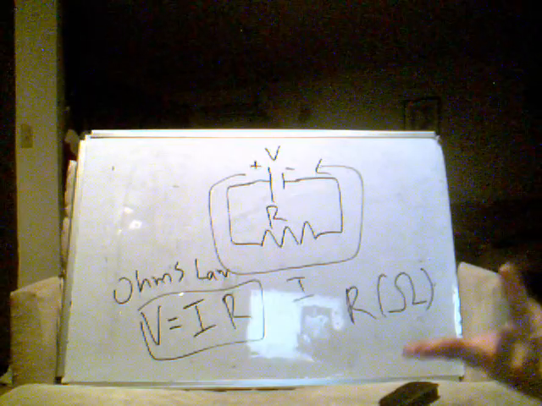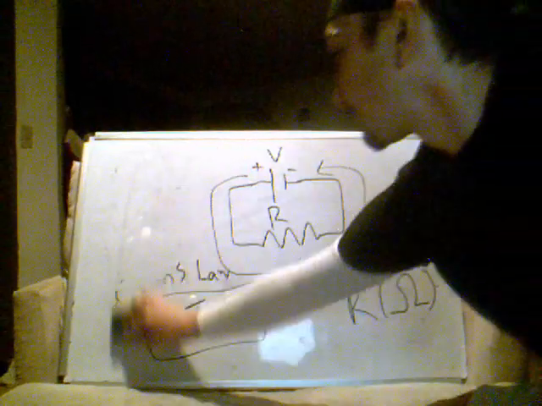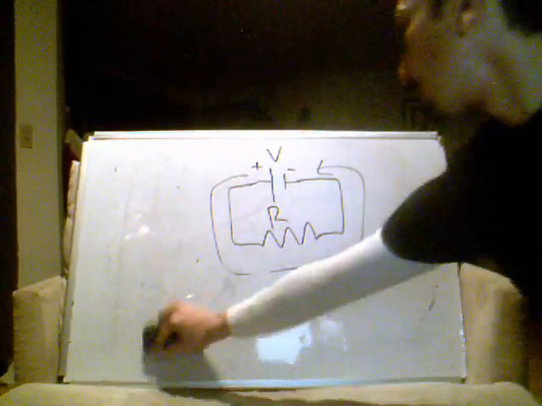Let's just do a couple of example problems, shall we? I'm going to leave a little bit of room here for us to do our calculations. But I'm going to write Ohm's law up here at the top just so we don't lose track of it. Okay?